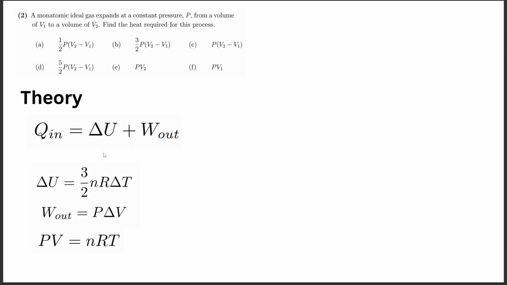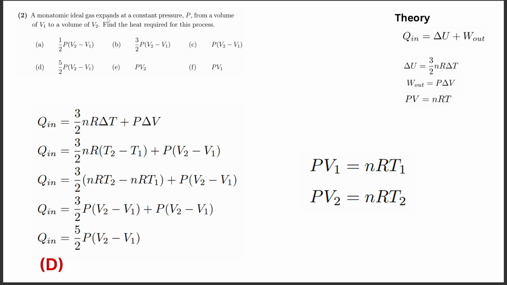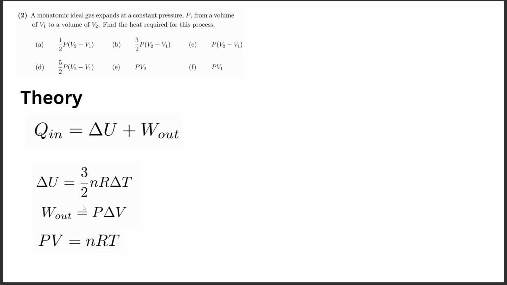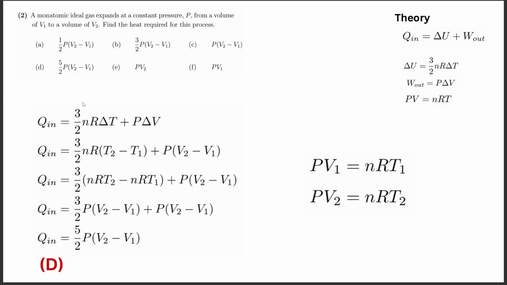And we can write the change of the internal energy as 3 over 2 times nR times the change of the temperature, and the work that is done on the environment is P times the change of the volume. And we have to know that PV is equal to nRT. So we substitute this to here and this to here, so we get this.